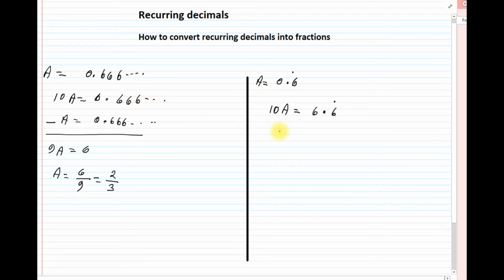Then I will write a as before under this. a is 0.6 with a dot. I will take away. I'll have 9a is equal to 6. And a is equal to 6 over 9, which is 2 over 3.